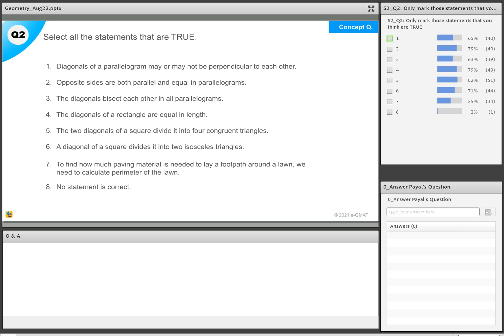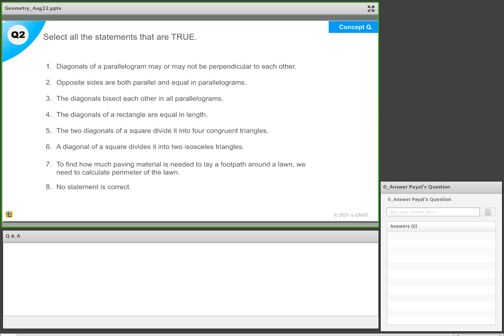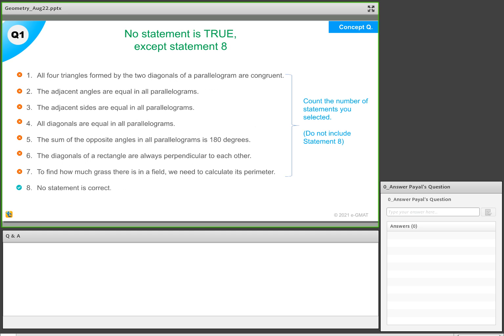That being said, let's now see what the answers were for these two slides. The first slide, where we had 7 statements and the last statement was 'no statement is correct'. None of the statements 1 to 7 are actually true, apart from statement 8, right?